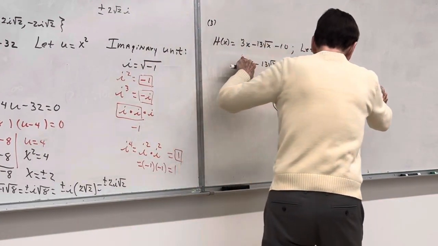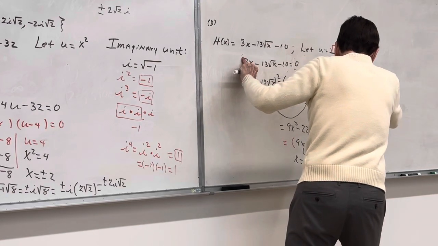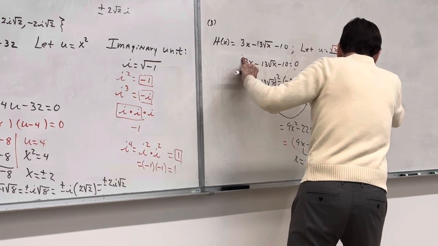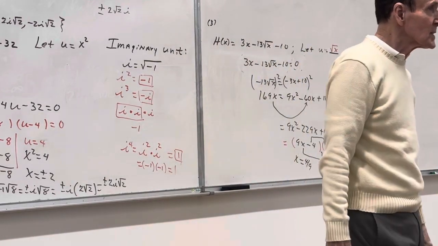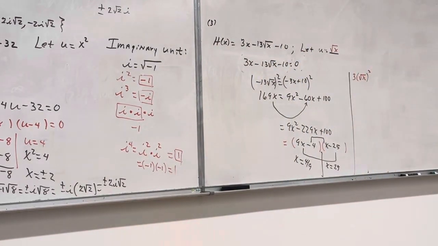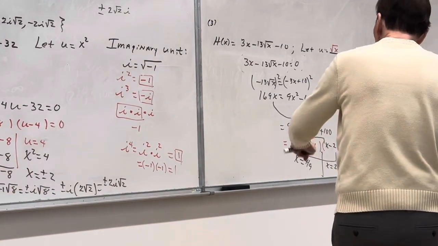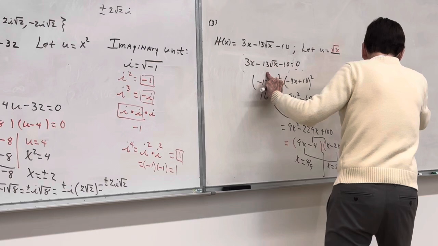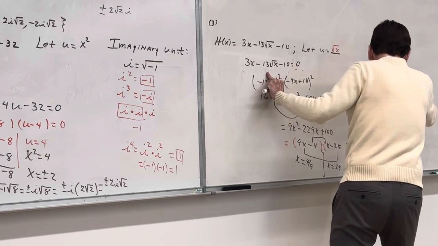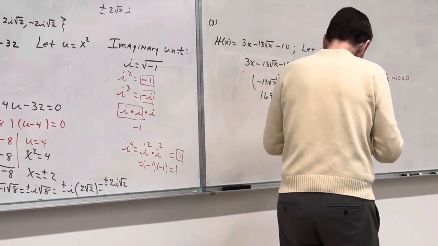Could I express 3x as this? Is that still saying 3x? 3 with radical x being squared. And of course I still have minus 13 radical x minus 10 is equal to 0.